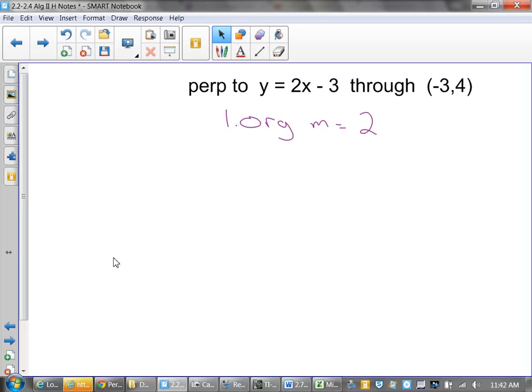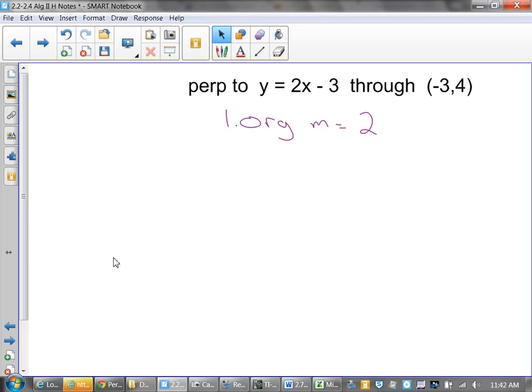The second thing I always ask myself is, is it a parallel problem or is it a perpendicular problem? Remember earlier when you told me that the slope was 2 and I was asking for a parallel when it was negative 1/2 again? By putting this in here as one of my steps, it forces me to go back and reread the question.